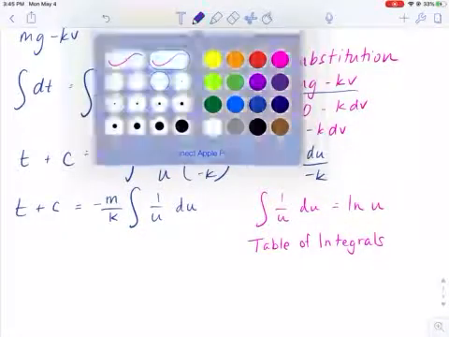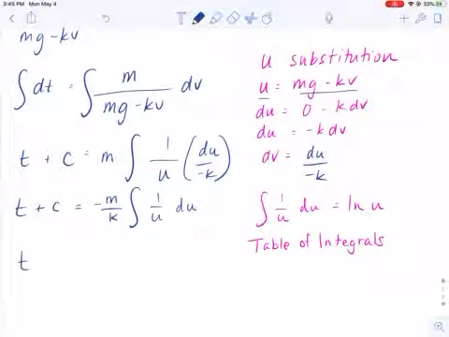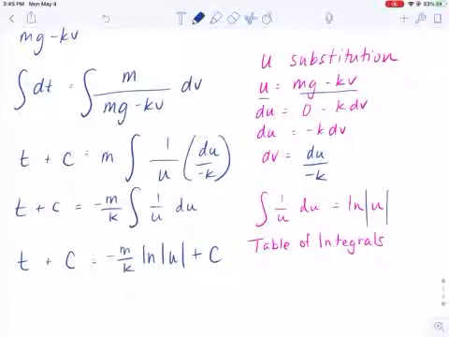All right, so I'm going to keep going here. So t, that's time, plus some constant is going to be equal to negative m over k times the natural log of, oh, sorry, sloppy on my point, the natural log of the absolute value of u plus a constant.